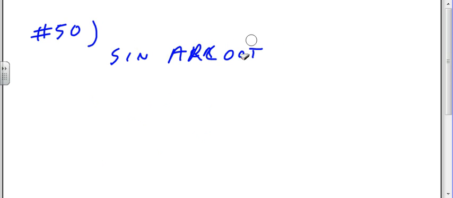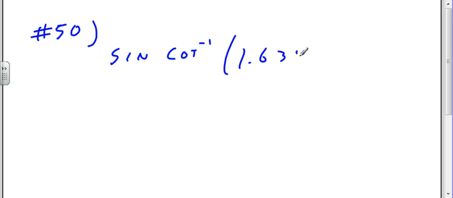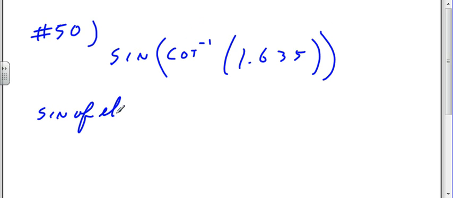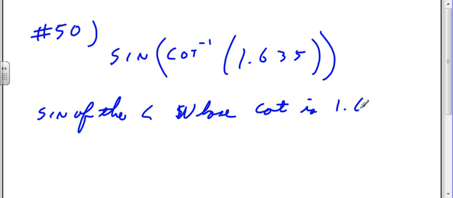Way to go, I misspelled arc cotangent. All right, the sine of the arc cotangent of 1.635. Okay, so I want the sine of the angle whose cotangent is 1.635.